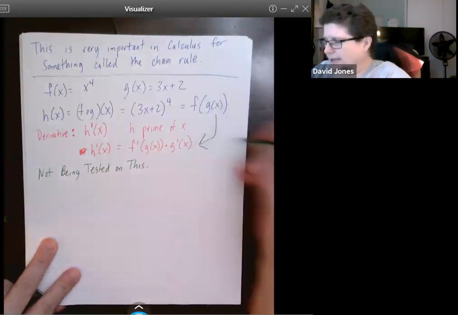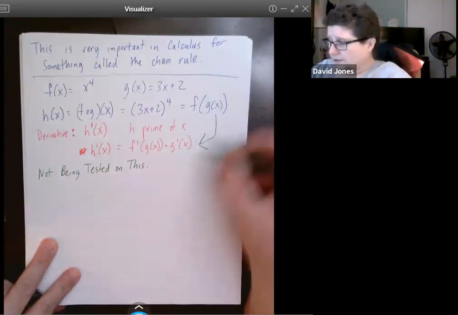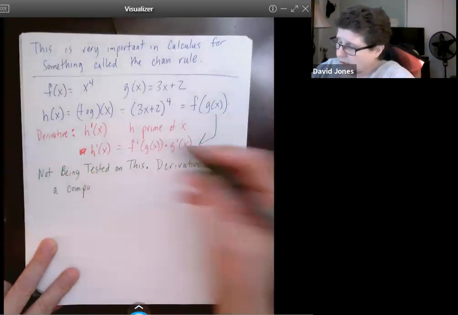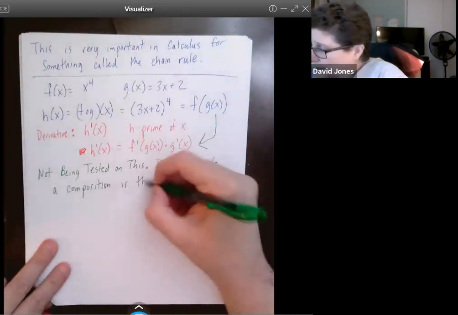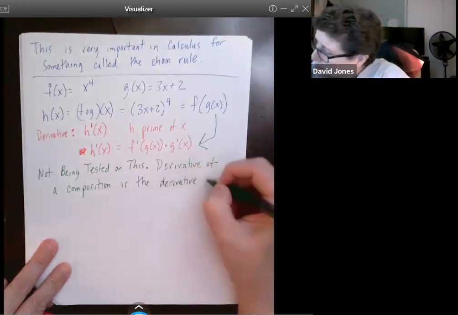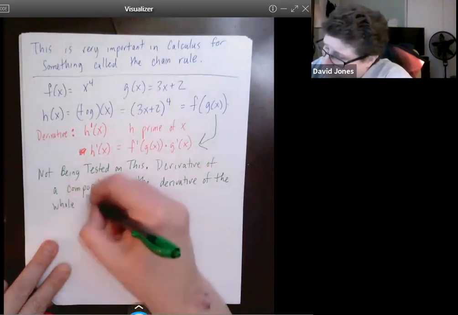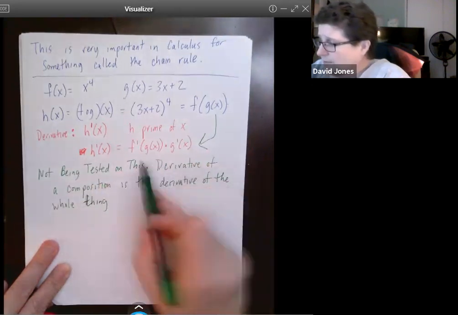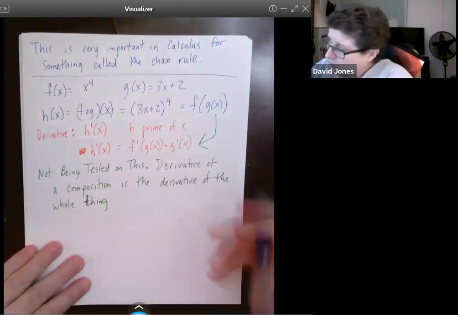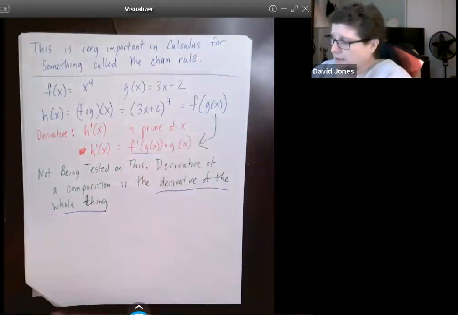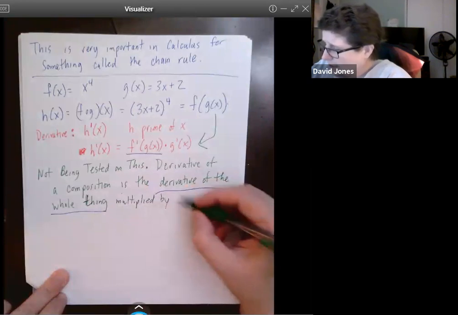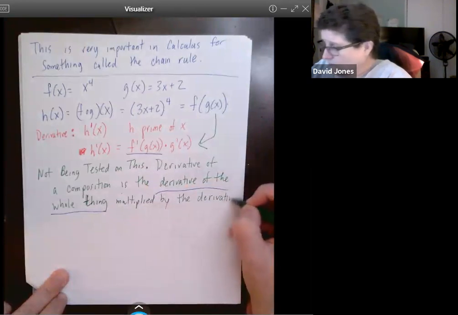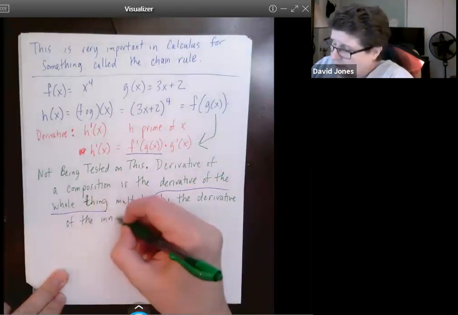But notice the relationship right here. The derivative of a composition is the derivative of the whole thing, that's what that part is, times the derivative of the inside, the inner function.